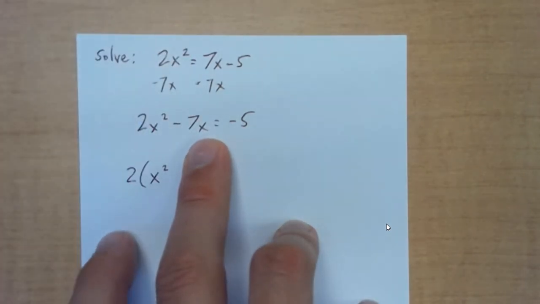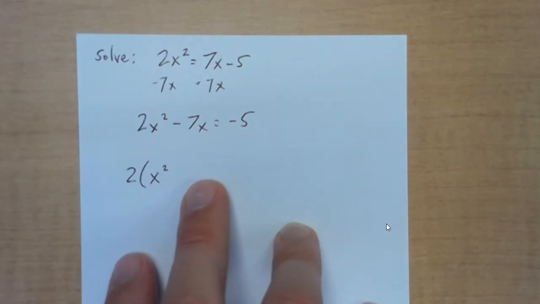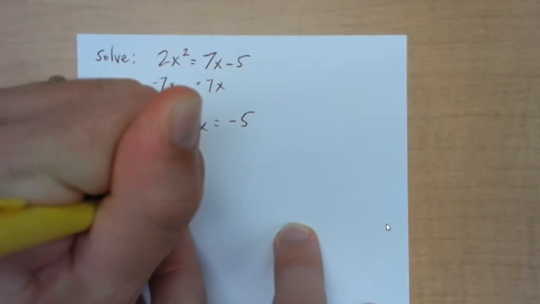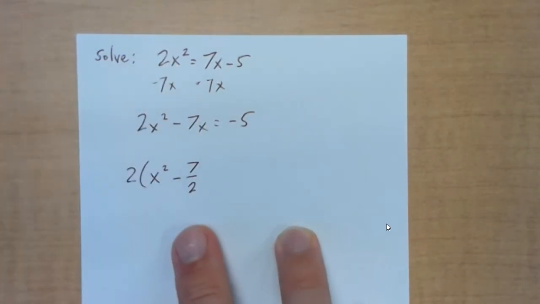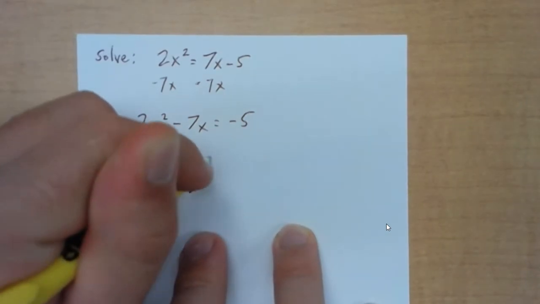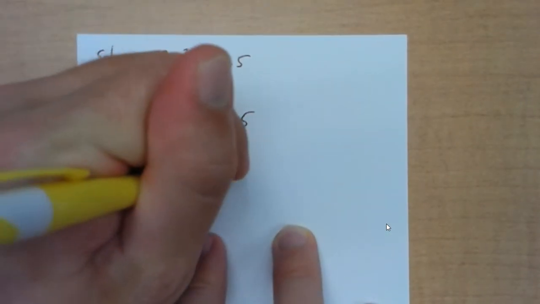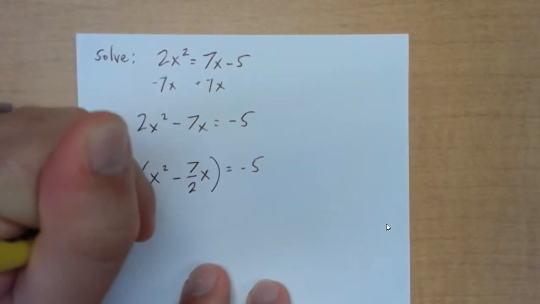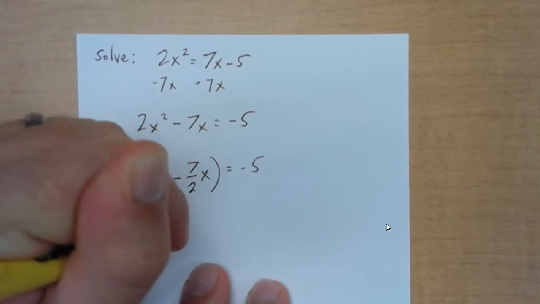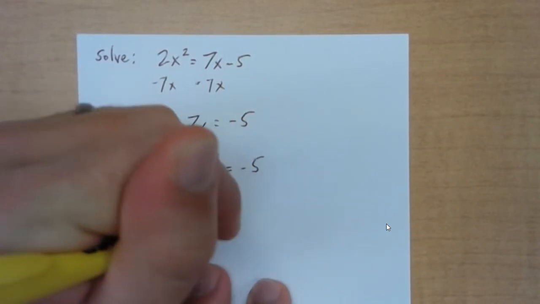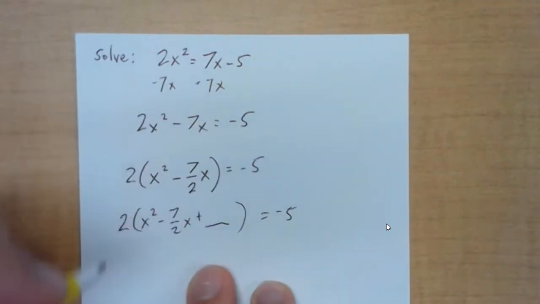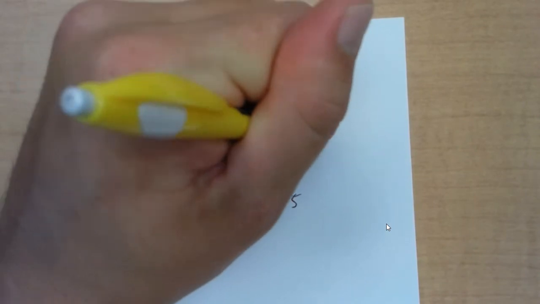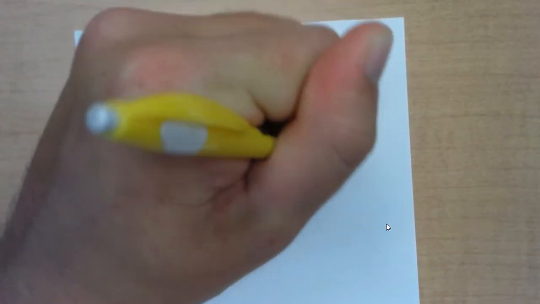Unfortunately here, 7 is not an even number, so it doesn't evenly divide out. So we're going to have to write it as a fraction. Half of 7 is 7 halves. And now I'm ready to think about completing my square. So this is, again, b over 2 squared. That's 7 halves over 2 squared.